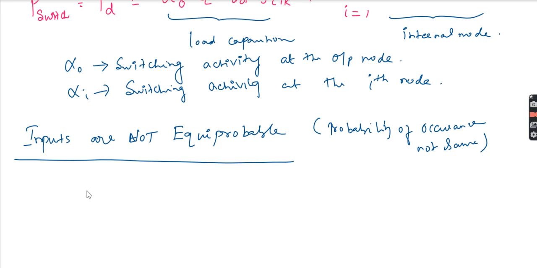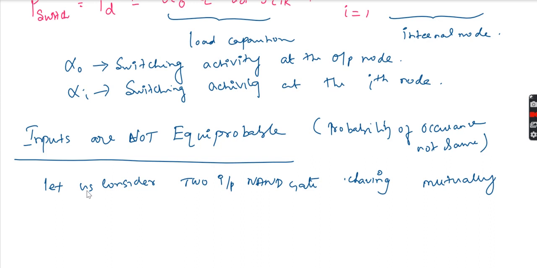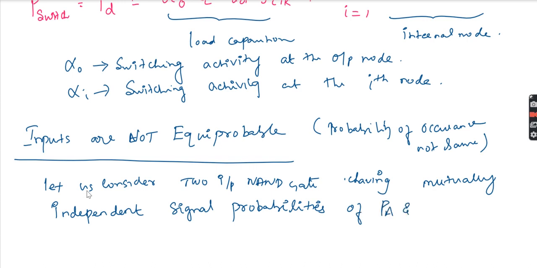Let us consider a 2 input NAND gate with inputs A and B having mutually independent signal probabilities of PA and PB.